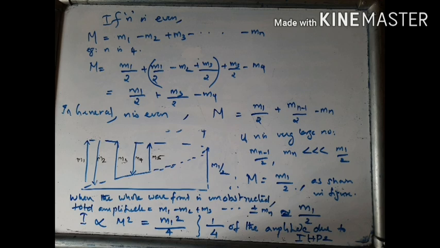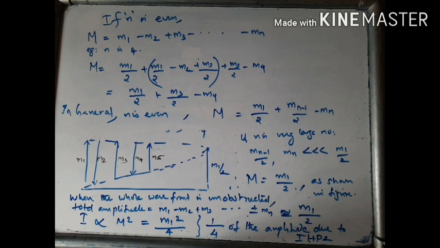Or we can say that the total effect on the screen due to the whole wavefront is only 1/4 of the intensity due to the first half period zone. So this is the reason for approximate rectilinear propagation.